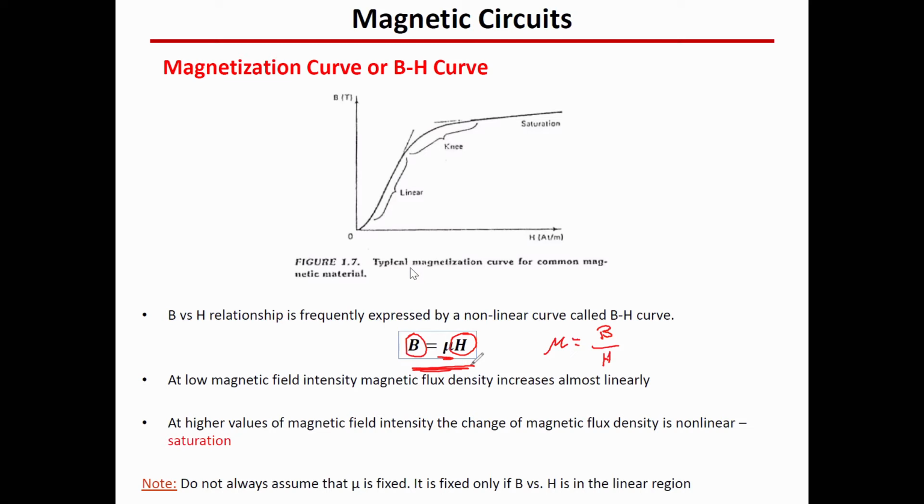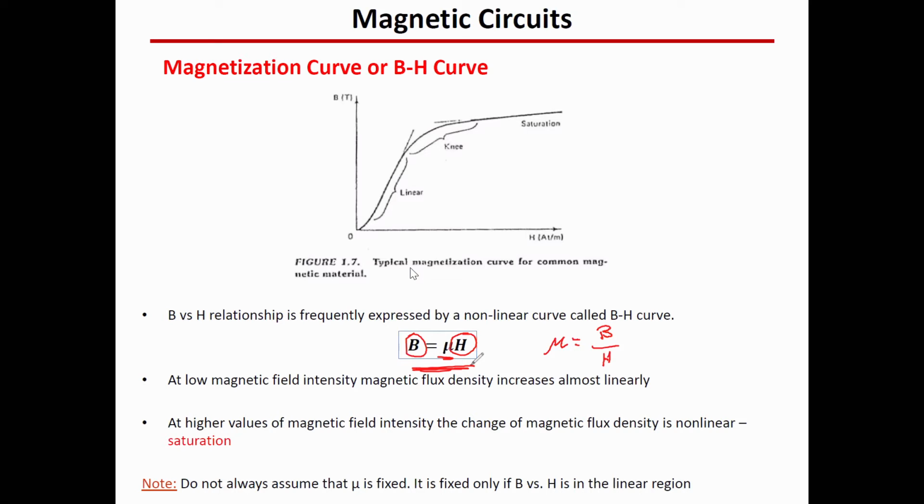So it is a nonlinear relation, which means that the value of mu is not constant. And why are we having this?